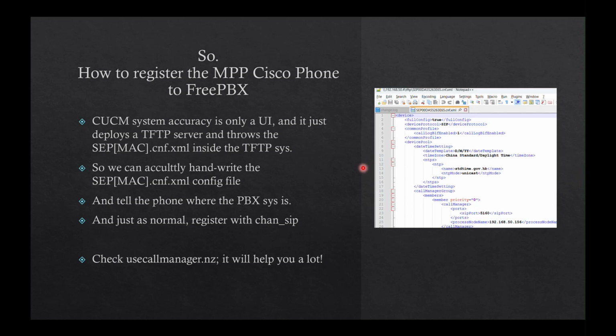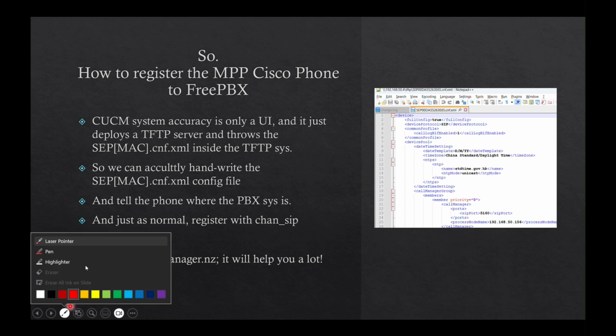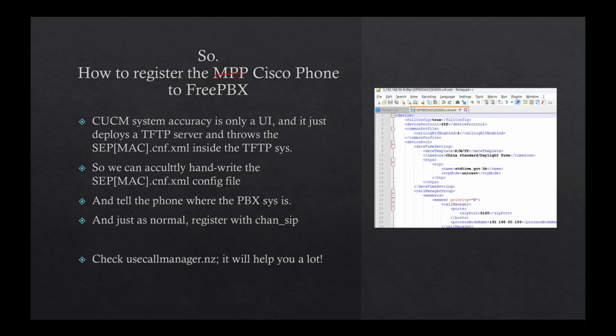So this is how I register the enterprise firmware Cisco phone, not the MPP, to the FreePBX. CUCM actually just provides you a UI, and it deploys a TFTP server in the background and provides a zipped config file.